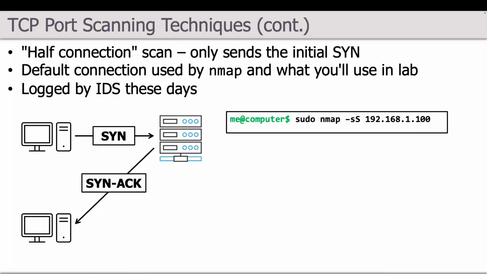If I get a SYN-ACK, I haven't completed the handshake, but I know the other side's listening. The other side is now a little bit confused, potentially, as to what would happen. And it's such a common thing that the relative stealthiness is hand-wavy, in that any IDS that's looking for port scanning and maybe considering countermeasures is going to log that just as easily as the full connection scan.